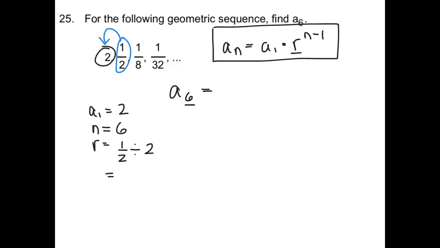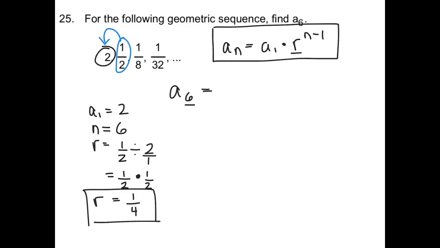Now remember, when we divide fractions, we keep the first fraction, change the division sign to a multiplication sign, and then flip the second fraction. So all whole numbers have a 1 underneath it, so when I flip it, I have 1/2. And then you just multiply straight across. 1 times 1 is 1, and 2 times 2 is 4. So my common ratio, or r, is 1/4.